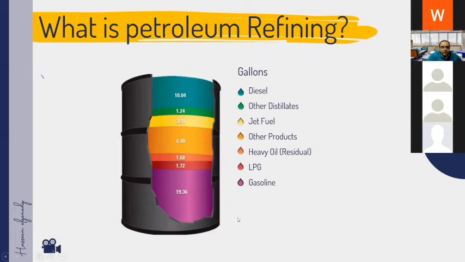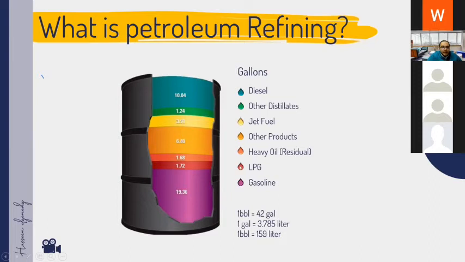Most of the crude oil is converted to gasoline. This barrel is 42 gallons or 159 liters, and these numbers are in gallons. So from 42 gallons, around 20 gallons are converted to gasoline, and about 10 gallons are converted to diesel.